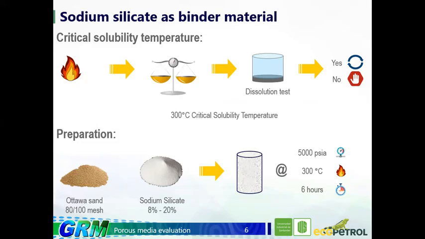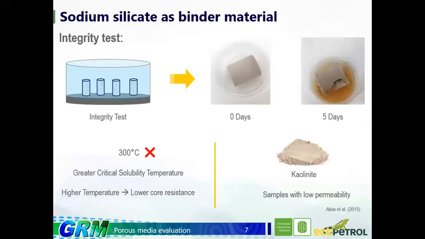The preparation of the samples was made with Ottawa sand of 82-100 mesh, plus the addition of sodium silicate. Once we knew the critical solubility temperature, the material was subjected to 5,000 psia of pressure and 300 Celsius degrees for 6 hours of residence in an electrical oven.